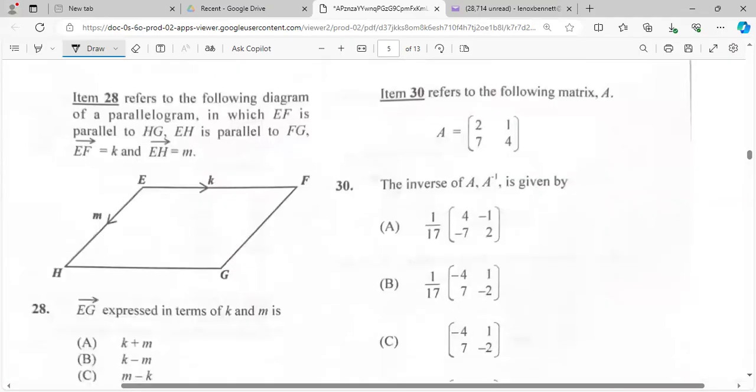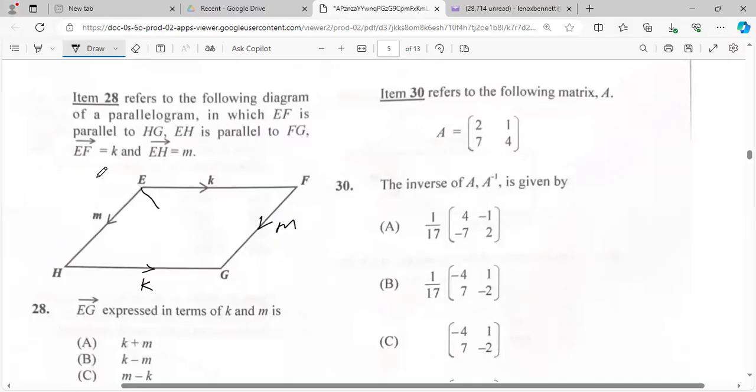Item 28 refers to the following diagram of a parallelogram in which EF is parallel to HG, EH is parallel to FG, and EF equals K. I'm just putting what we know. You know that once they're parallel, they're going in the same direction and they are the same. Alright, that's how we know. What else now? We say express from E to G. So we're going here.